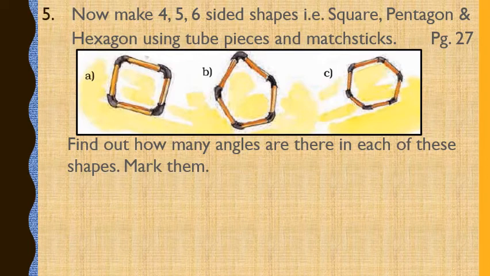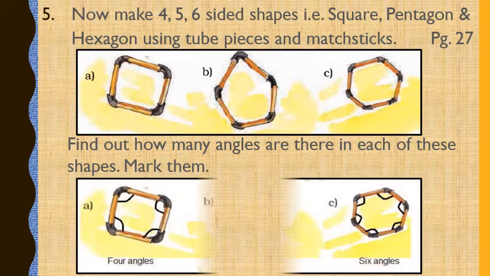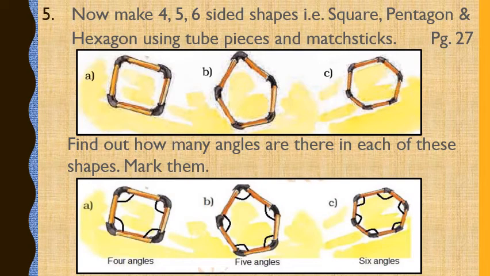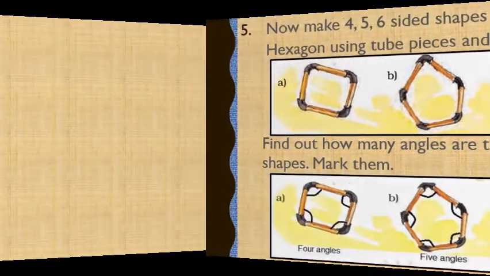Now find out how many angles are there in each of these shapes and mark them. We can see that a square has 4 angles, a pentagon has 5 angles, and a hexagon has 6 angles.